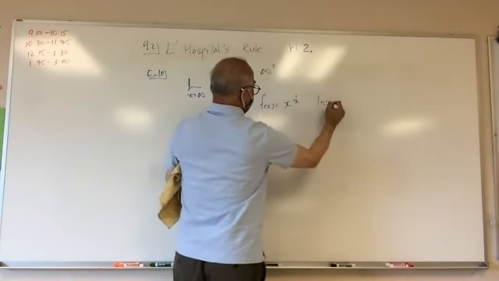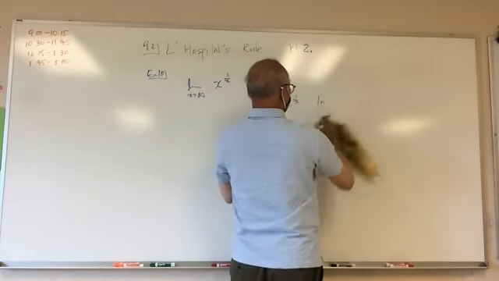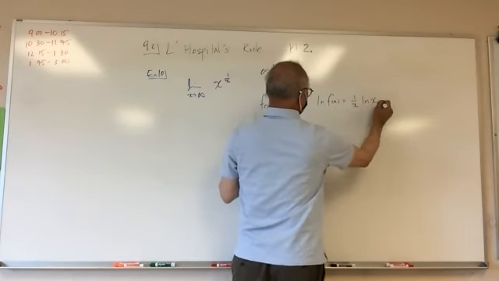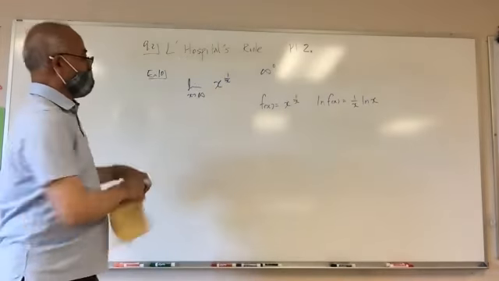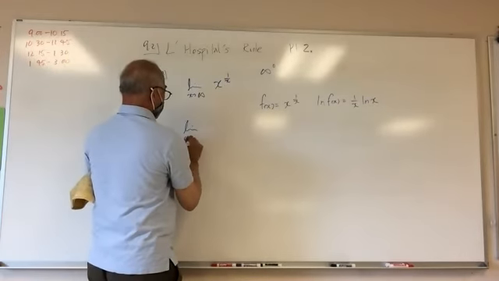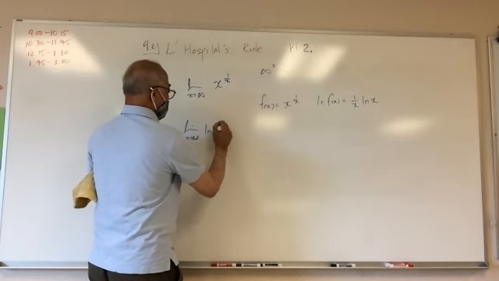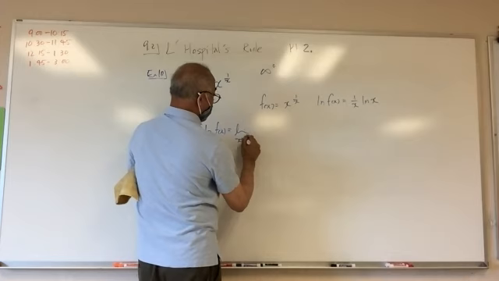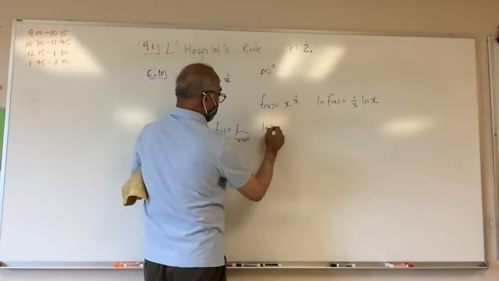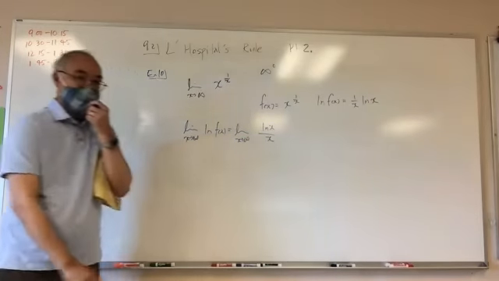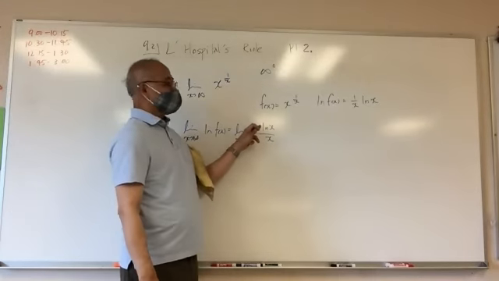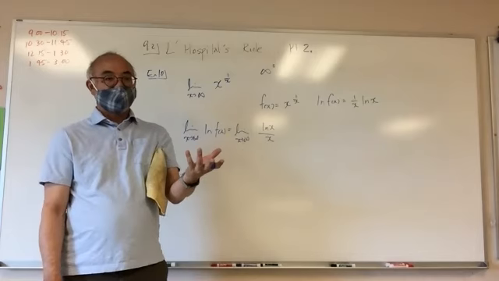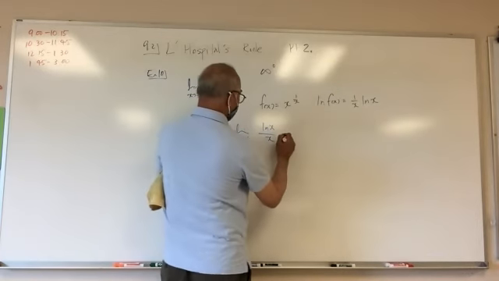I'm going to find that natural log of f of x is equal to 1 over x times natural log of x, which is natural log of x over x as x goes to infinity. As x goes to infinity, the top goes to infinity, the bottom goes to infinity, so you have infinity over infinity, the form where you can use L'Hopital's rule. I'm going to take the derivative of top and bottom.